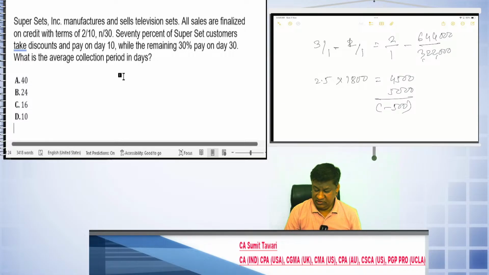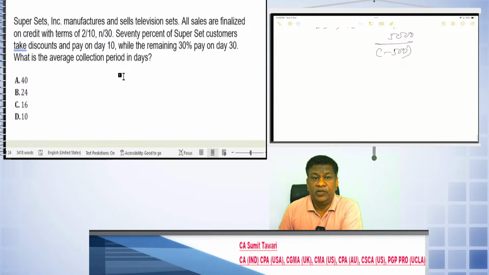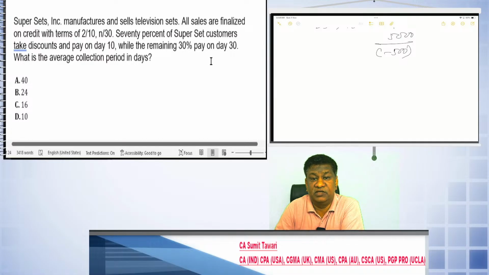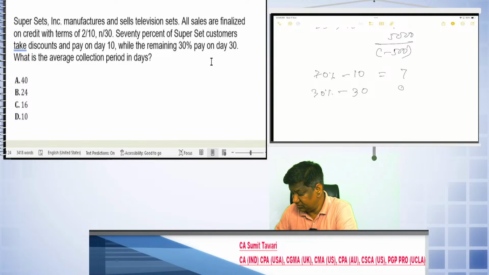So it is basically how we calculate: 70% of people are paying on 10 days, and the remaining 30% are paying on 30 days. So if I calculate like this, it is 7, and 3 3s are 9. So it is 16. Okay.